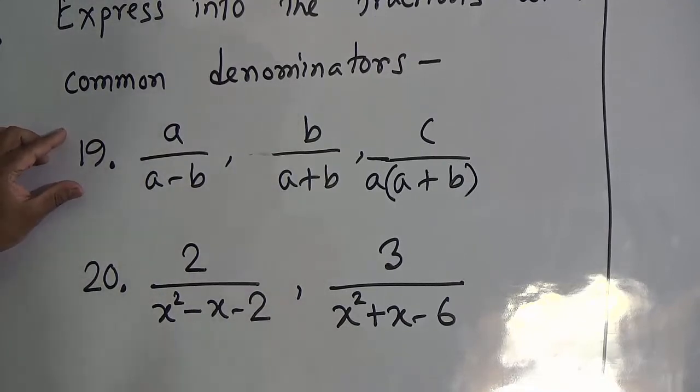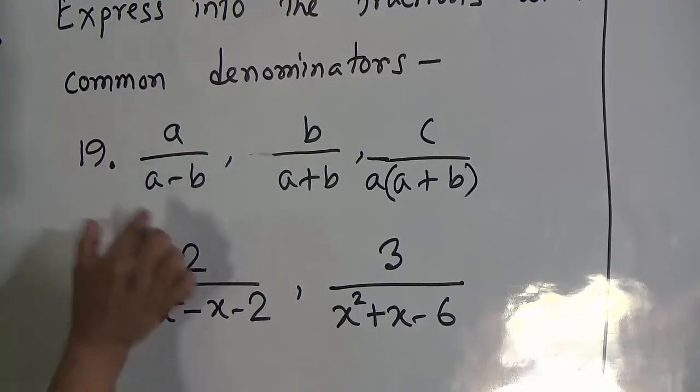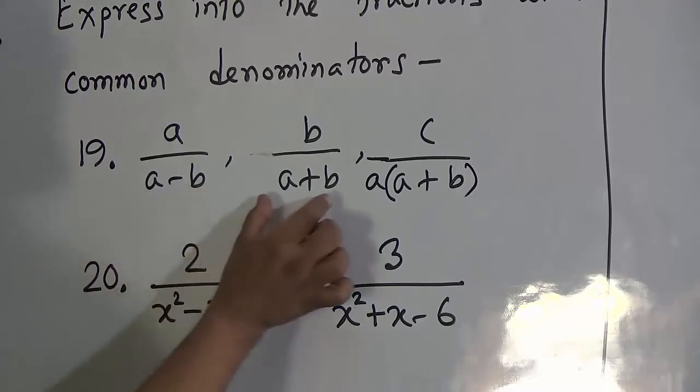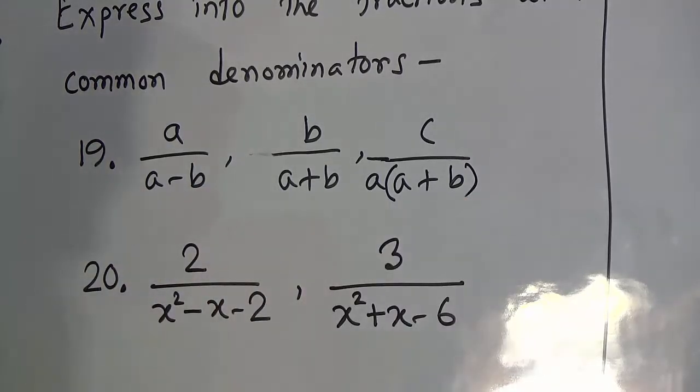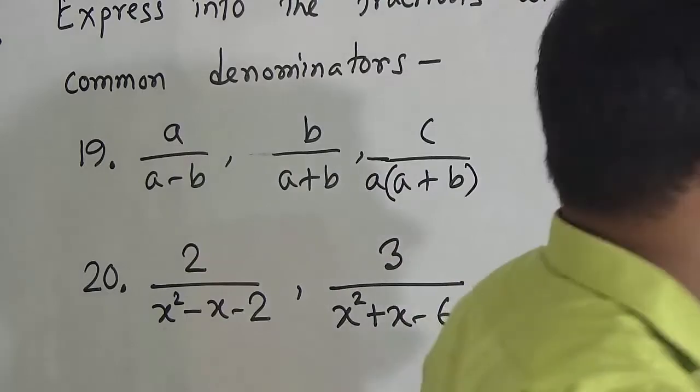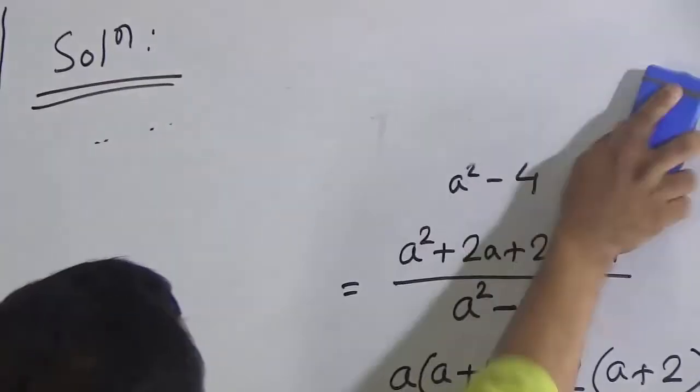To solve this one, first of all we need to find out the LCM of the given fractions' denominators. So the given fractions are, I need to erase this one because I'm going to solve question number 19.